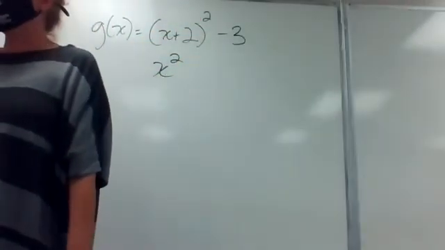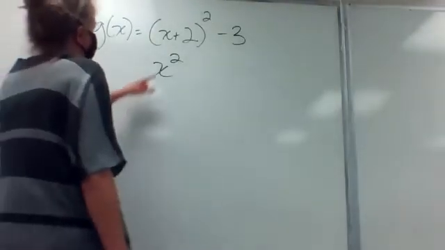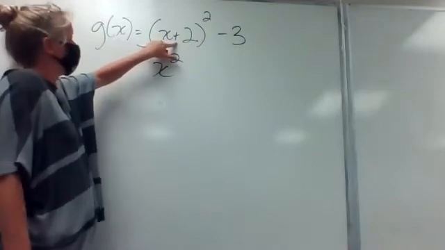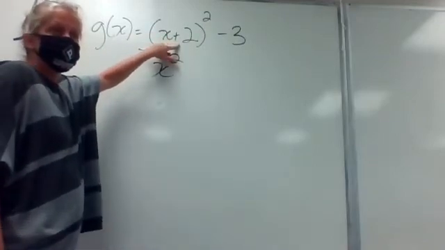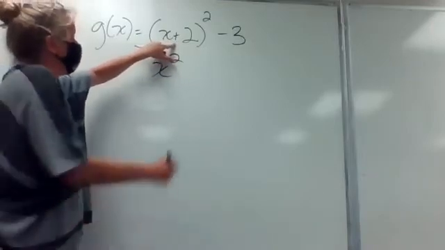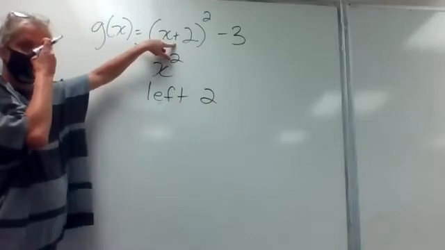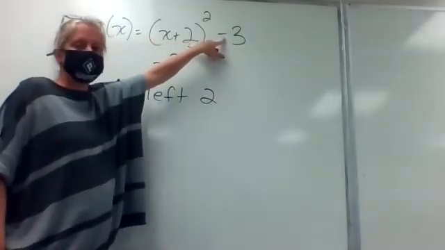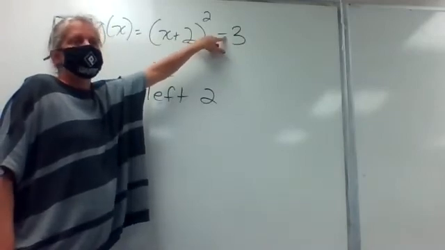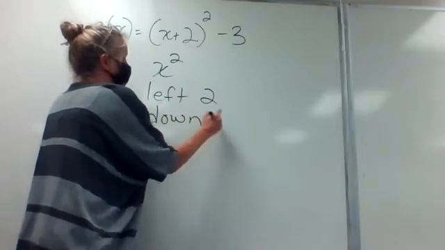And then let's see where it's going to move on the plane. Let's do your horizontal shift first. So that's my inside number, so go opposite this sign. So I'm actually going to the left 2. And then your vertical shift, your outside number. Go with that sign. So down 3.